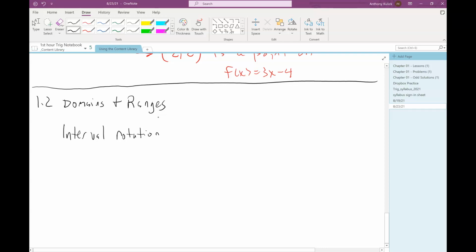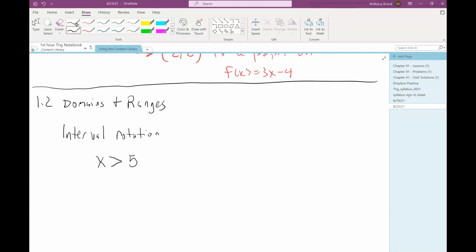For example, let's say our set of numbers is all of the x's that are greater than 5. That would include 6, 7, 8, 9, but also 5.1, 5.01, 5.0001. There's an infinite number of numbers in this set. We wouldn't want to write those all down, so we come up with a compact way of representing that information.